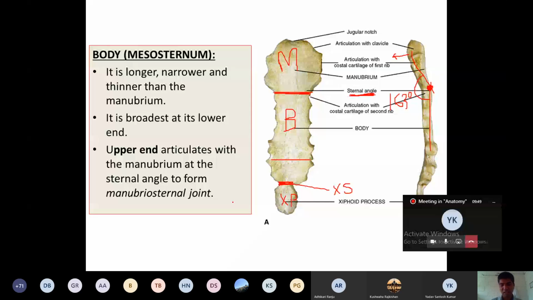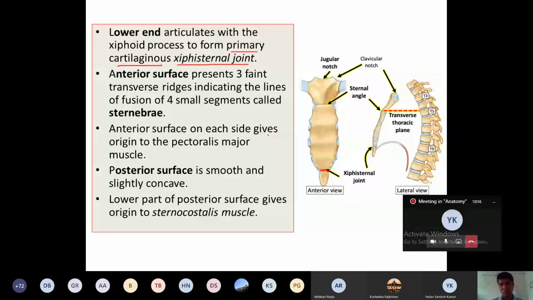At this point I have already explained. After this, see here, this one is the lower end. This point I have also already told you, though I can repeat it. The lower end articulates with the xiphoid process to form a primary cartilaginous joint, and this joint's name is the xiphisternal joint.